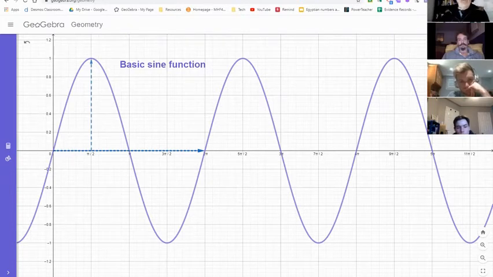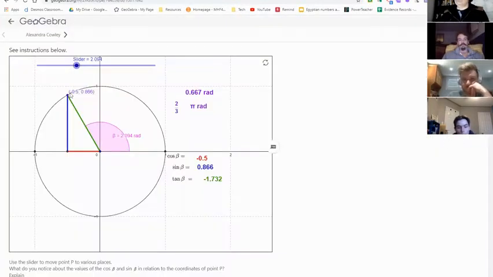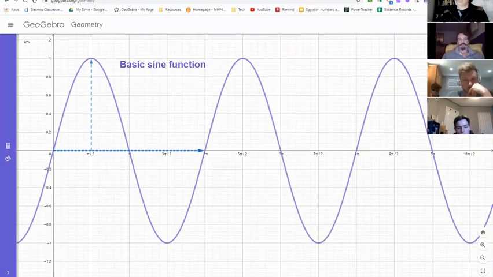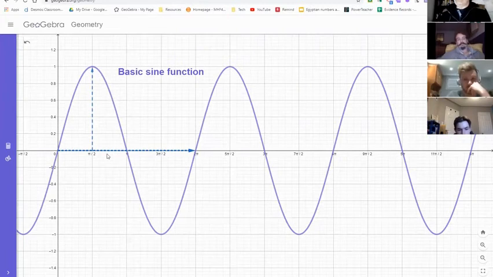So let's make a quick connection between our circle that we just saw and this graph. Okay, so let's take a look. We said here we were going to put the angle. So here I have values, and I like this in GeoGebra that I can put my angles in radians.